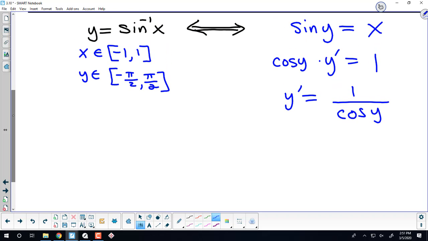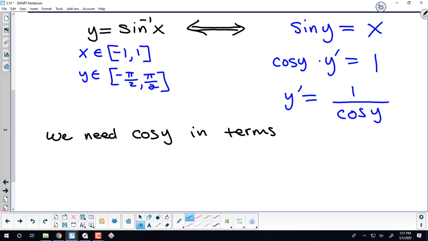We now need to figure out what cosine y is in terms of x, basically. So we need cosine y in terms of x.